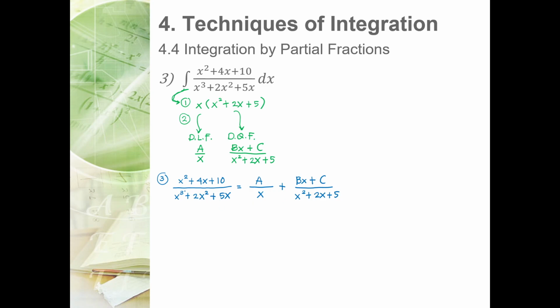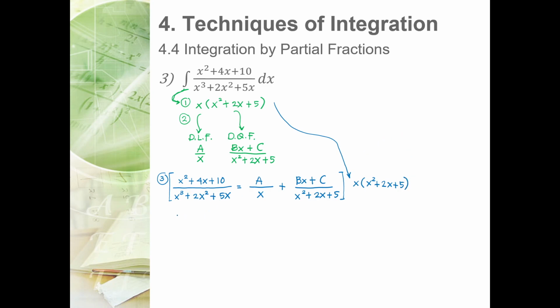Okay, so next we eliminate the fraction so that we can have one line of equation. So multiplying with the LCD, or the factored term in number 1. That's still the same, that's the LCD also: x times x squared plus 2x plus 5.